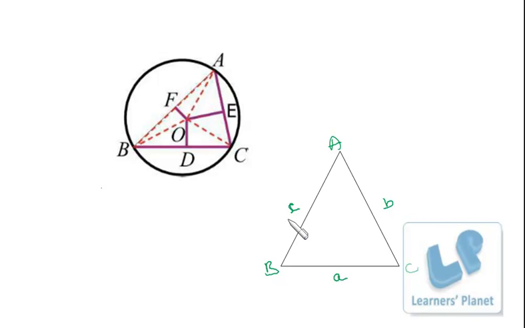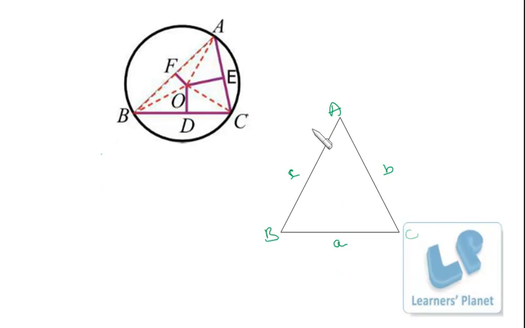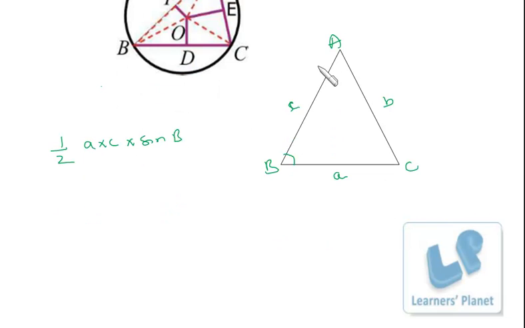Now the area of this triangle can be given as half a into c into sine of B, this angle and both the sides which are meeting over here. So half of ac sine B is the area of this triangle. It can also be written as half of a into b into sine C.